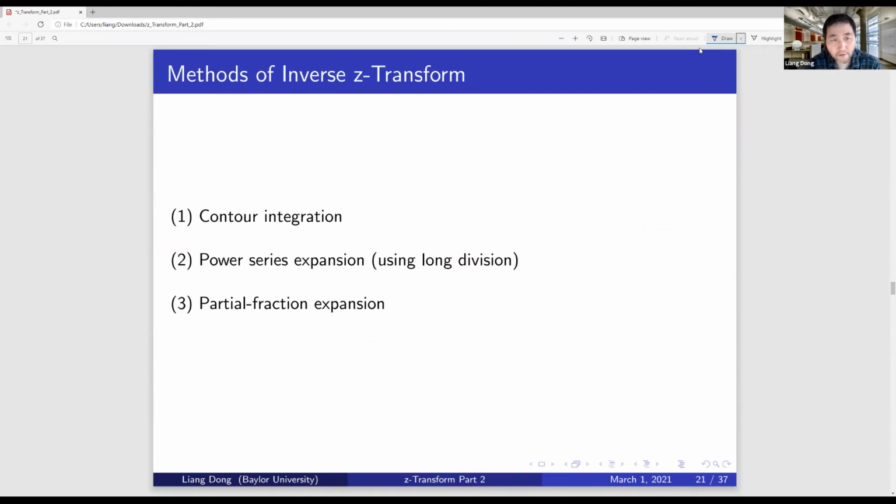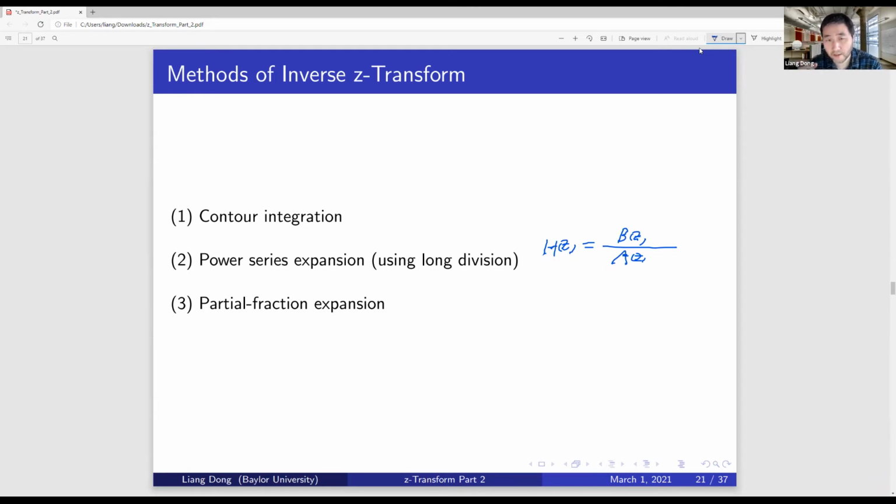Common methods for the inverse Z transform. The first, of course, is brute force, doing the contour integration. The second method is a power series expansion using long division. Usually H(z) is in this rational format, B(z) over A(z), two polynomials, so I can do a long division.